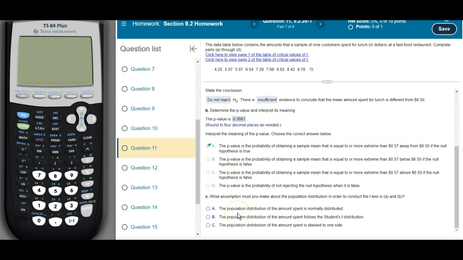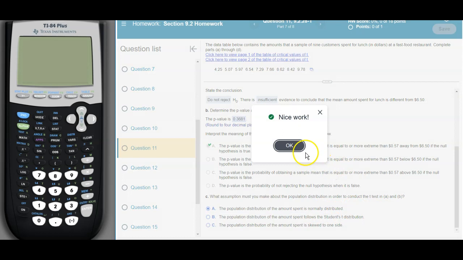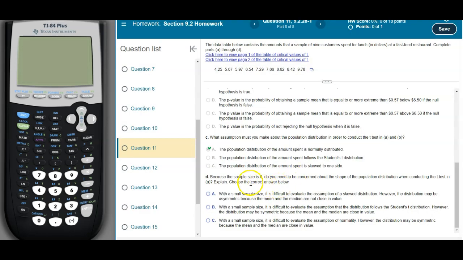Now for C, all right, this is coming straight from the book, and the right one is going to be the population distribution of the amount spent is normally distributed. All right, final check, and that's all. Okay, because the size is 9, do you need to be concerned about the shape of the population distribution when conducting the t-test?